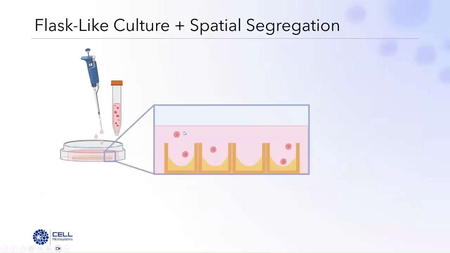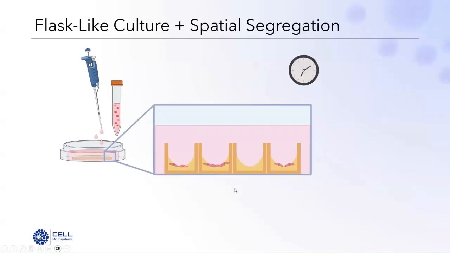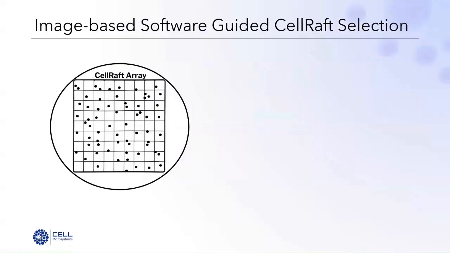The cells that we add into the array will settle by gravity into each of these microwell positions by a statistical distribution and attach to a growth surface within that microwell called a cell raft, represented by that light gold area here. In the single cell workflow, you could stop right here and isolate that single raft and go right to sequencing. Or in the clonal workflow, like the hybridoma and the 293s, you can continue to grow those cells in situ until they're ready for expansion and isolation.